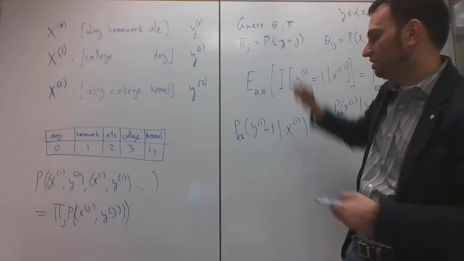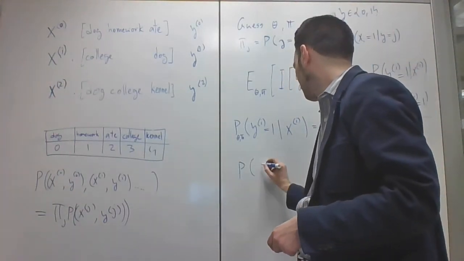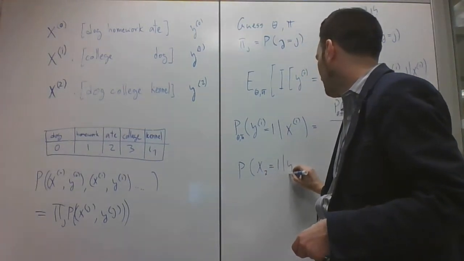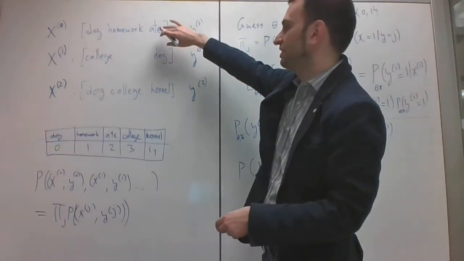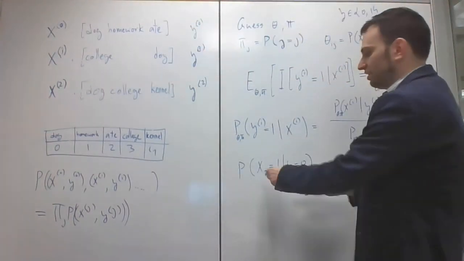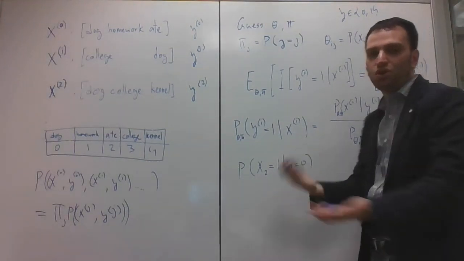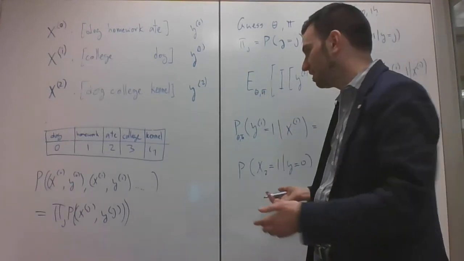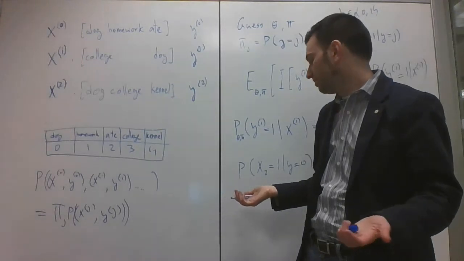Well, in order to estimate something like p of x2 equals 1 given y equals 0, what do you need? You need the number of examples such that x2 is equal to 1 and also y is equal to 0. And then you also need the number of examples where y is equal to 0, then you divide them and you get your estimate. That's your naive Bayes estimation, right?